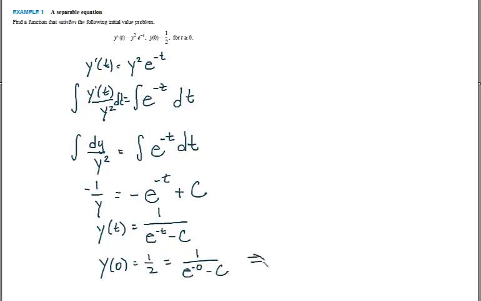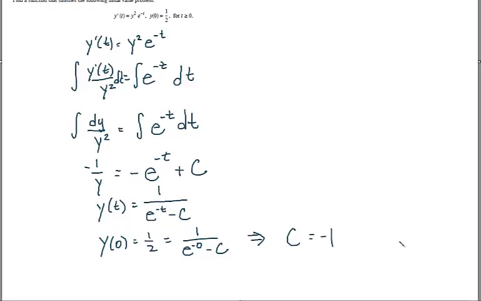If you do the algebra of this, you will get that c equals negative 1. Alright, so if c equals negative 1, then y of t equals 1 over e to the minus t plus 1. And that is my particular solution to that differential equation.